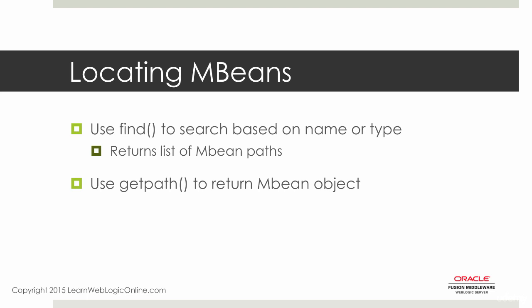You wouldn't specify a list or an array for getPath, but just a single path, and getPath will return you an object. And once you have an MBean object, you can look at its operations, you can execute operations on that MBean, and you can look at its attributes.